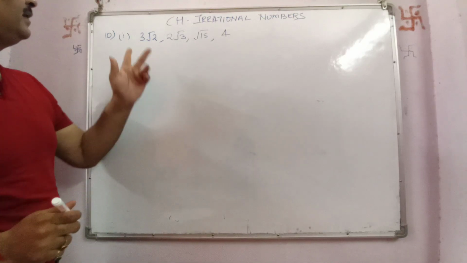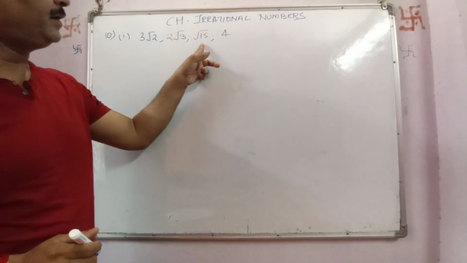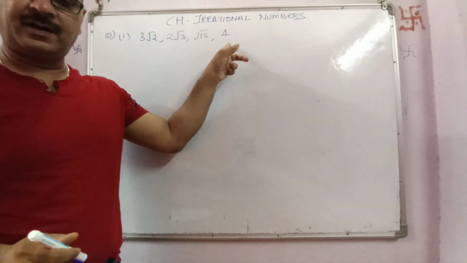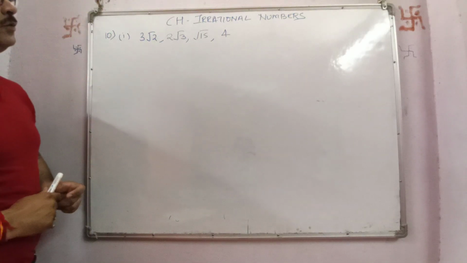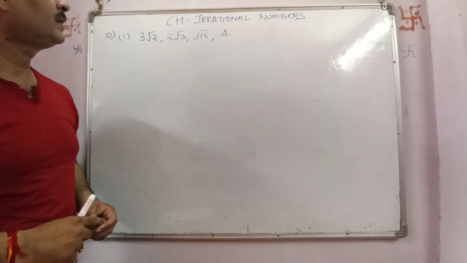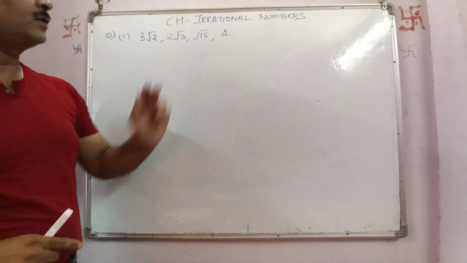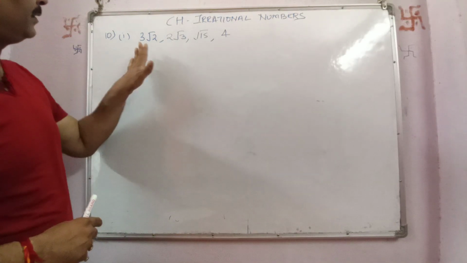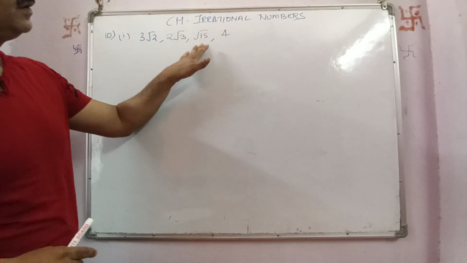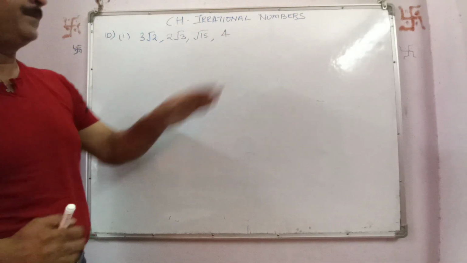Now students, we see that here it is an irrational number, it is also an irrational number, it is also an irrational number, but this is a rational number. So as to make the comparison, all should be in the same platform. Same platform means we have the square root in the 3 terms. So what we will do, we will make the 4 terms in square root only.